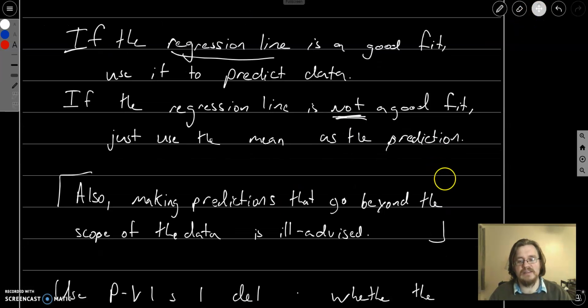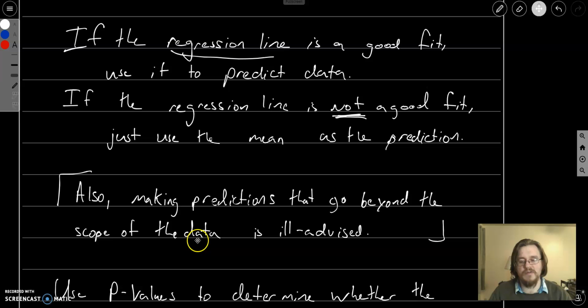One thing to keep in mind is that making predictions that go beyond the scope of the data is very ill-advised. So for instance, maybe we're looking at the last 30 years of obesity rates in the US, and we could use this to make predictions about the next couple of years. But say 100 years from now, 1,000 years from now, the data over the last 30 years probably isn't going to be relevant in that long.